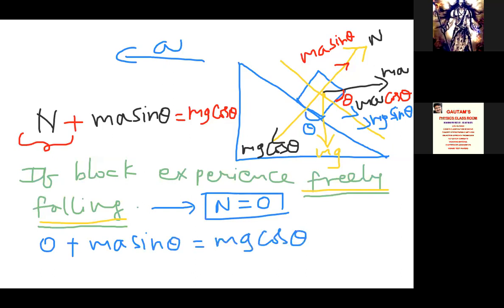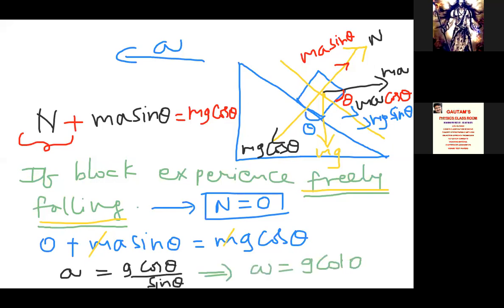Now what we can do here, m gets cancelled. So a is equal to g into cos theta by sin theta. Finally I can write from here a equal to g cos theta by sin theta, that means g cot theta.